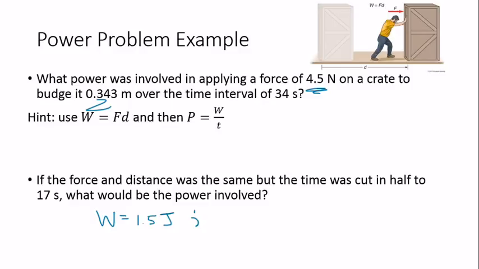But now I'm going to calculate my power, equal to work divided by time. My time is different here. So my work was 1.5 joules, and my new time, instead of 34 seconds, is 17 seconds.